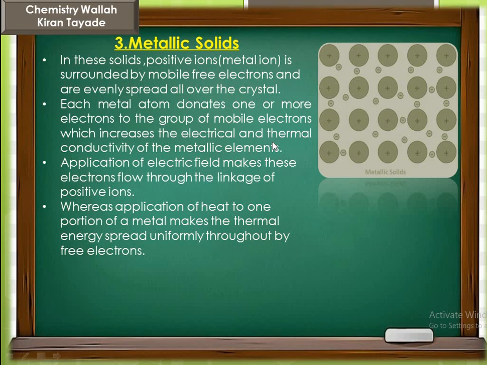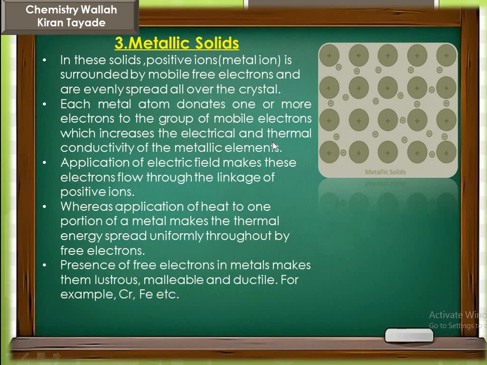In this point we see that there is a flow of thermal energy uniformly throughout this metal due to the free electrons. So there is a flow of heat due to the flow of free electrons uniformly throughout the metallic solids.